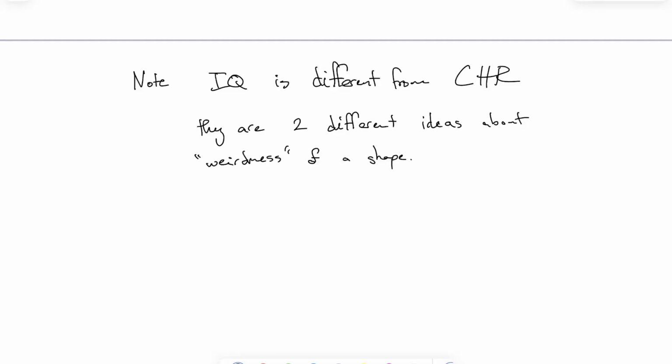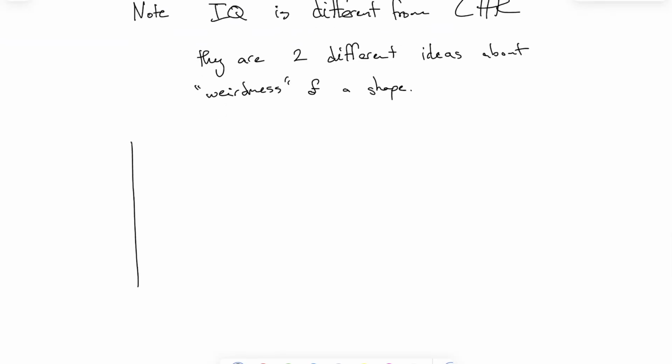One is the convex hull ratio and one is the isoperimetric quotient, and they can give you different answers, and actually in some cases very different answers. For example, this long, tall, skinny one that we did, this had, on the paper there, isoperimetric quotient equals 0.343, right? That was one of the ones that we just did, the tall, skinny one.